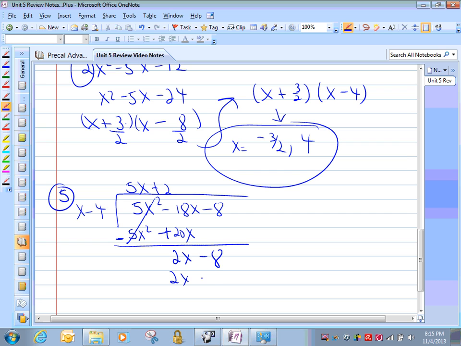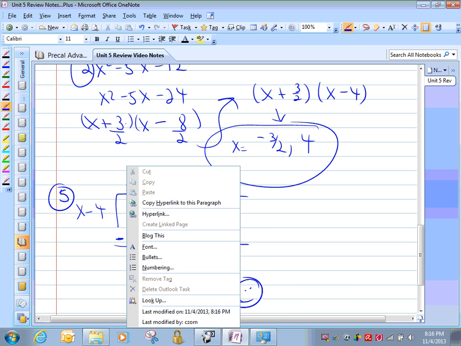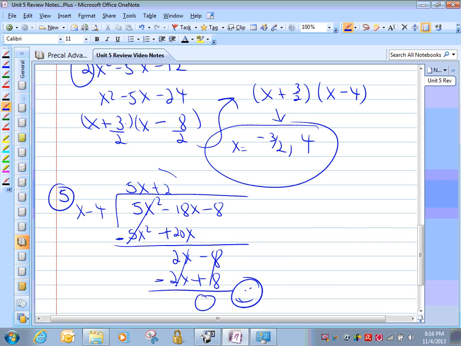And 2 times negative 4 is negative 8. Draw our line. Once again, subtract everything. Change the sign. So this becomes a negative. This becomes a positive. And they both cancel. And we get a 0 remainder. Ooh, go Bearcats. So this 5x plus 2 is the result of our division.